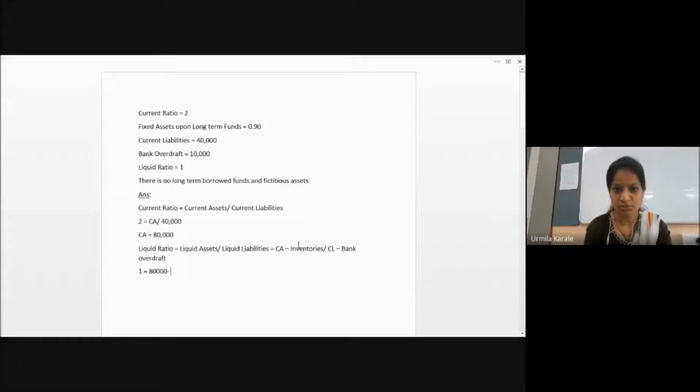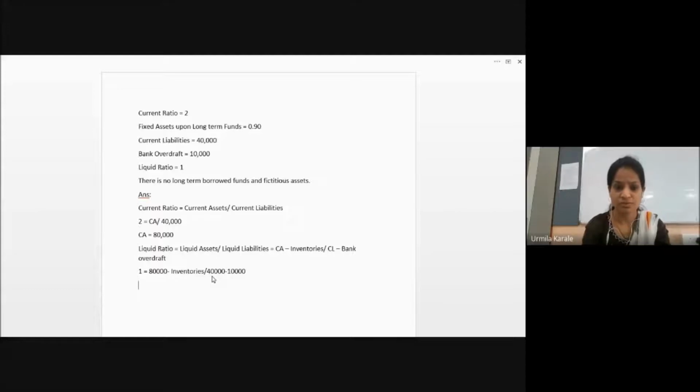In this formula, we are putting the amounts. So liquid ratio equals current assets less inventory divided by current liability minus overdraft. Current assets we have written 80,000. Inventories we don't know, so I'm writing as it is, inventories, divided by current liability minus bank overdraft. Current liability, we have it here, 40,000. Overdraft 10,000. So 40,000 minus 10,000.